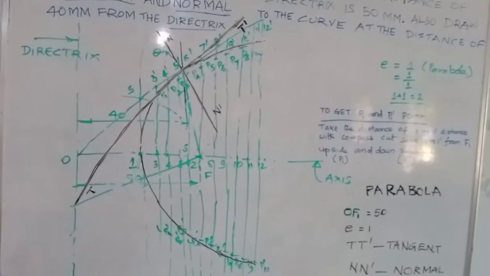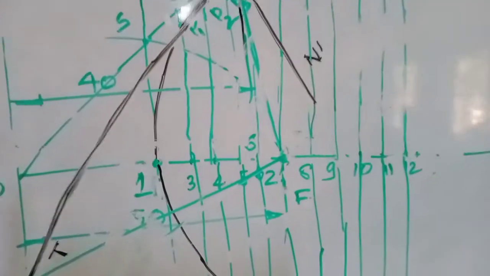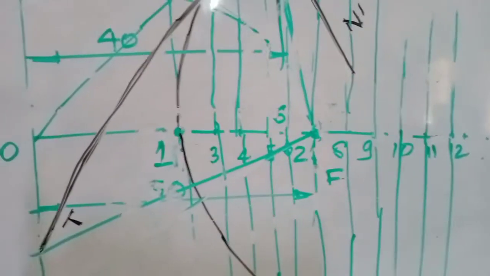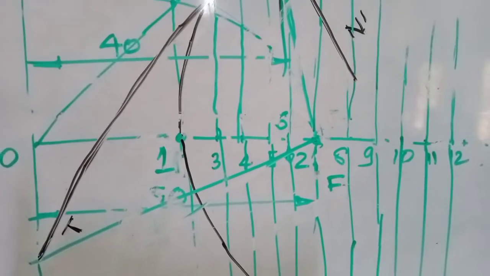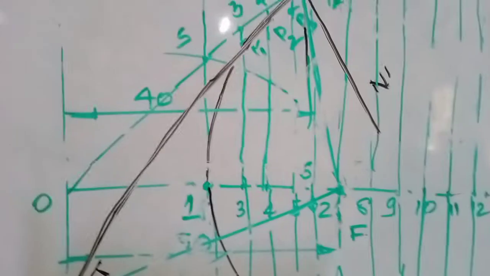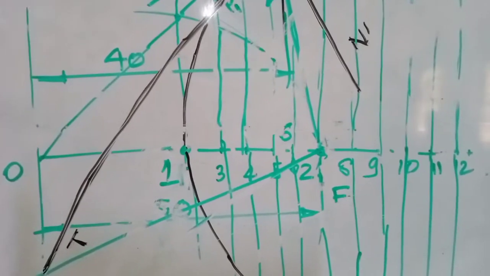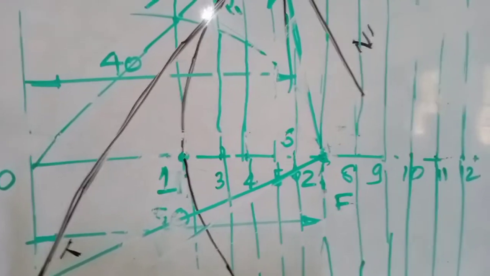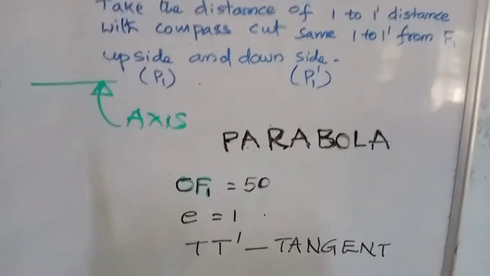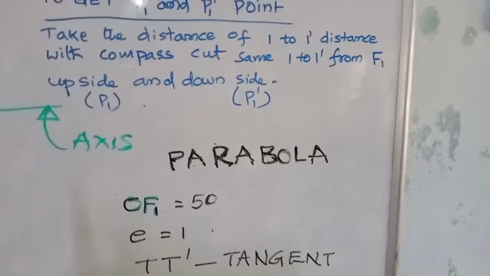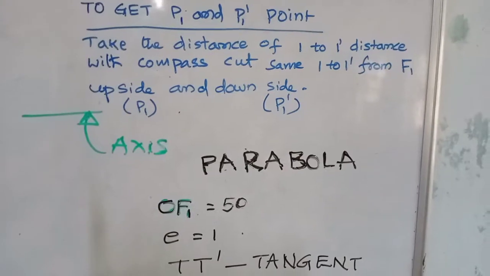Now, identify the focus at a distance of 50 mm on the axis line. See here, F I am marking, the distance is equivalent to 50 mm. F1 I am writing. So OF1 is equivalent to 50 mm.